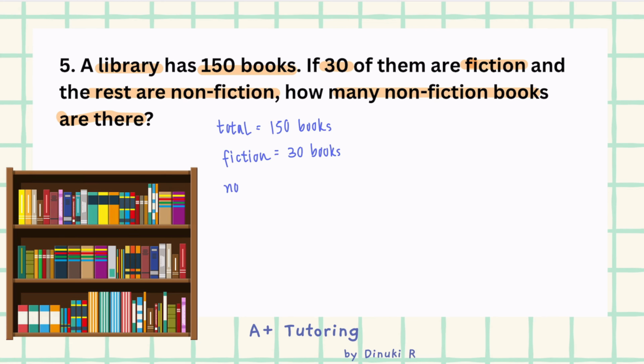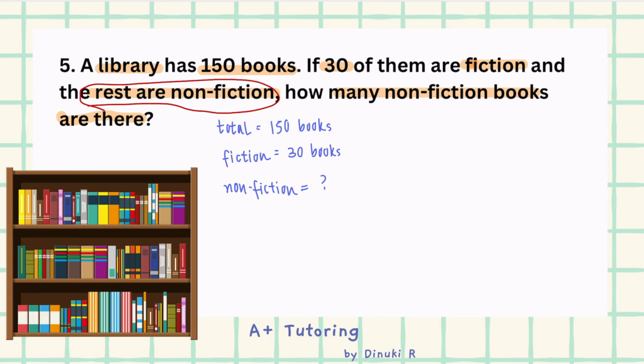And what's the question asking us to figure out? How many non-fiction books we've got there. Key piece of information in this question is "the rest", so all the other books outside of the fiction books. Everything else that's left over is non-fiction books, right?